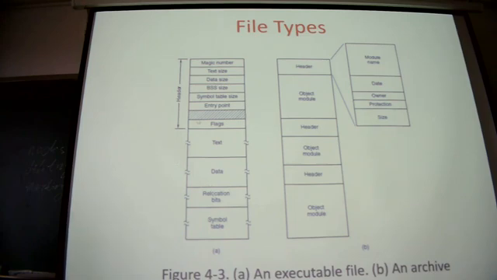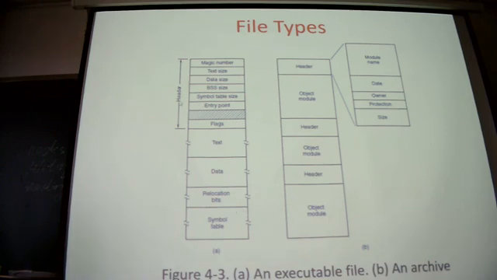The first segment is a header with basic information about this file. The second segment is text, the content. Then data, relocation bits, and symbol table.